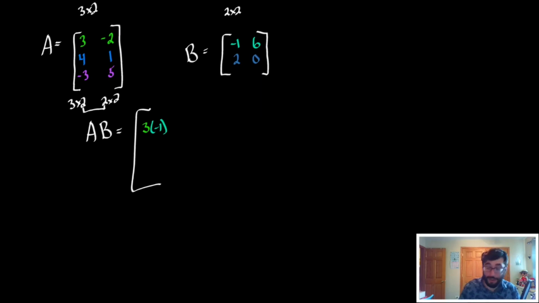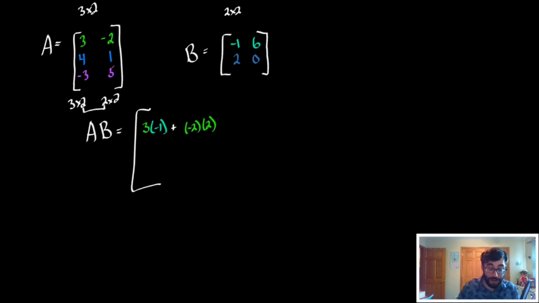And what I do with that is add it to -2 times +2. This seems really weird, I totally get it, but it just takes a little bit of practice and you're going to understand it. So 3 times -1 and -2 times +2. The first row multiplied by the first column.